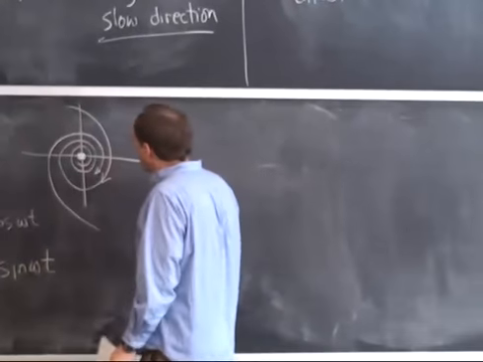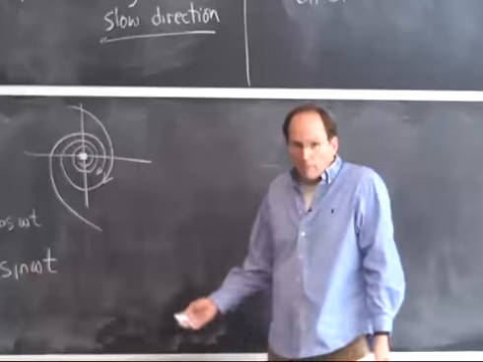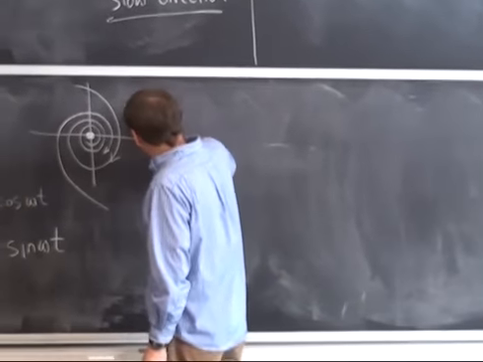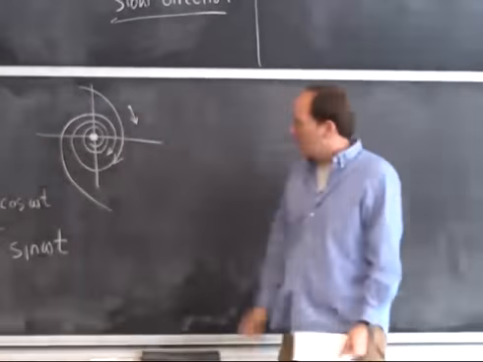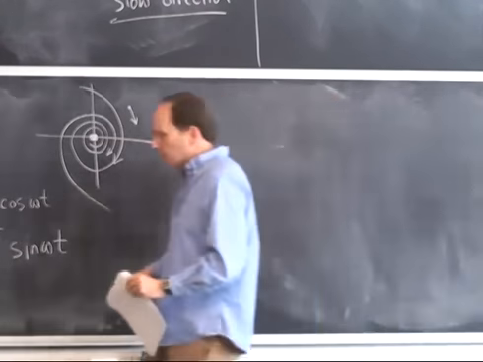So what I would recommend is just calculate one vector at some point. If you see a vector that looks like this, then you know it's going to be rotating that way. Calculating one vector will be enough to give you the sense of the rotation. As we do examples of these, I can show you more concretely what I'm talking about.